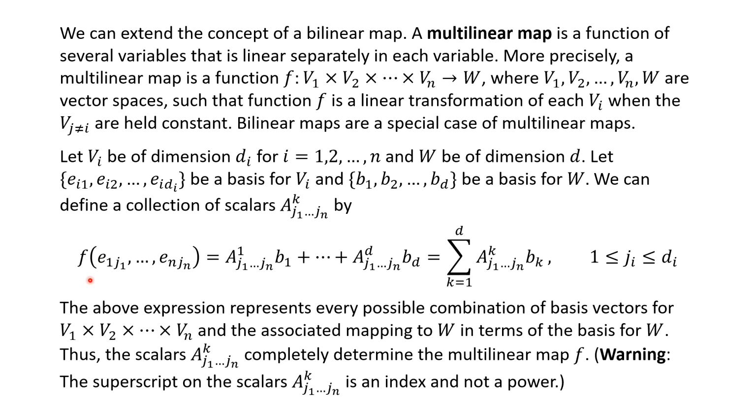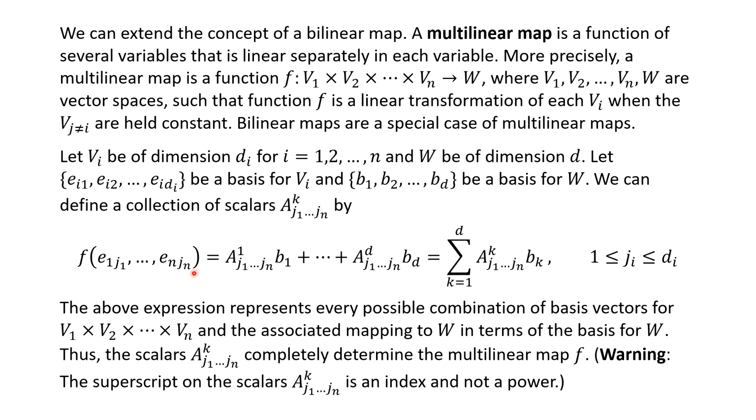And then what we do is evaluate the function f at all combinations of taking one basis element from V_1, one basis element from V_2, one basis element from V_n. That's what this expression is here. You notice the first subscript indicates the vector space, and the second one is which basis element you select. So that could be j_i between 1 and d_i.